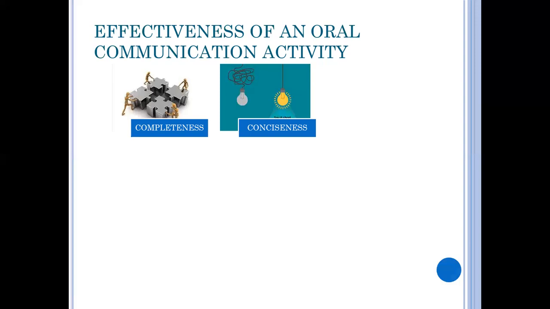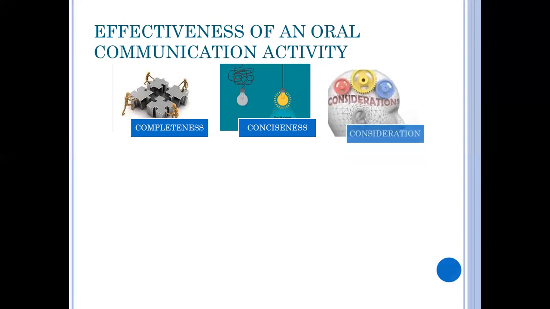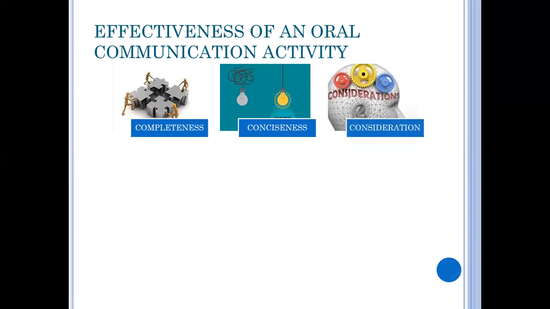it has to be concise. So another C that we have for having an effective oral communication activity is consideration. Consideration implies stepping into the shoes of others. So basically, you must understand the situation of others as well. You have to consider others as well.